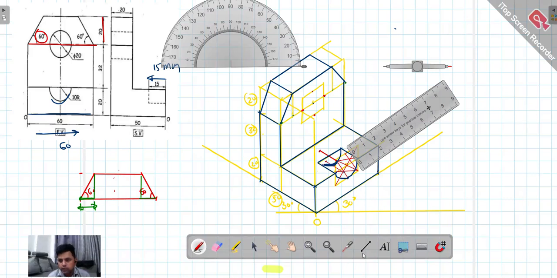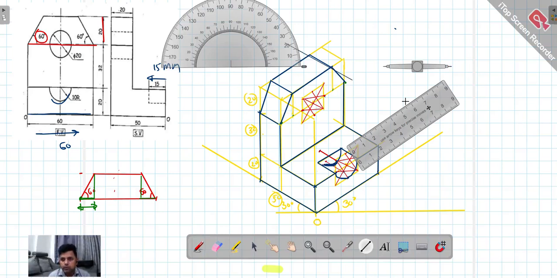Previously, what we have done, we have connected the two diagonals. This was the first, this was the second. With the help of the shorter diagonal, draw the midpoint of the opposite line. So this is one of the shorter points. This is the second shorter point. With the help of all the points, I have marked all the diagonals.